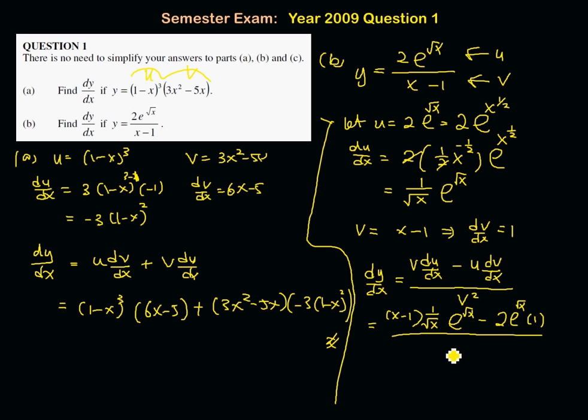V will be x minus 1, and v squared. Alright, is that fine?